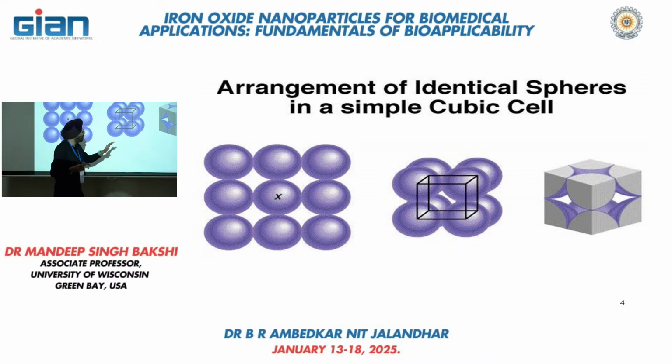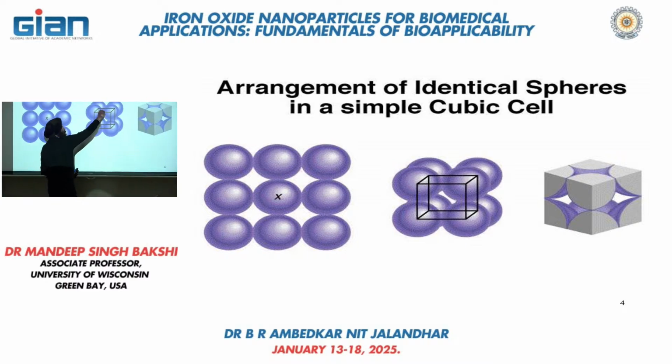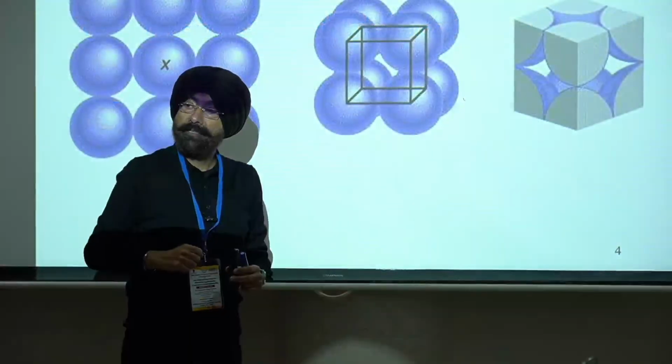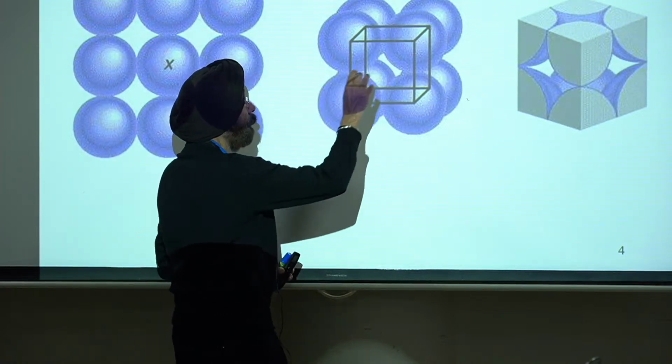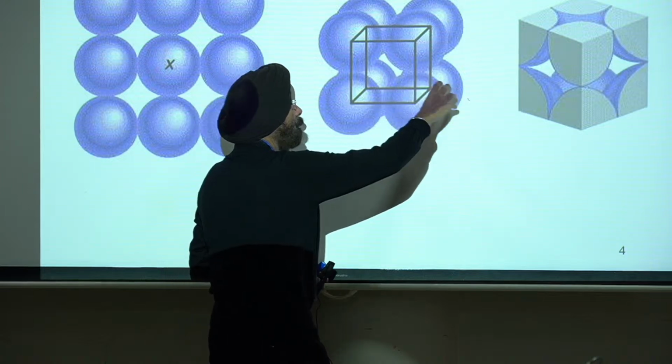Assume that this cube is in the form of a razor-sharp frame. If I hold the sharp frame and snatch it out, some part of each atom is going to be included in the cube.